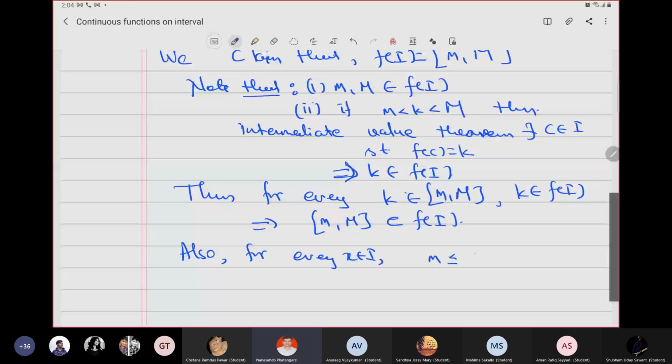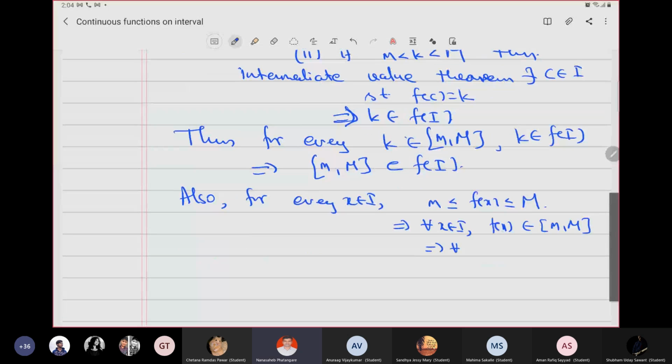That means for every x in I, f of x belongs to [m, M]. For every y in f of I, can I say that y belongs to [m, M]? Is it true that the range is contained in [m, M]?